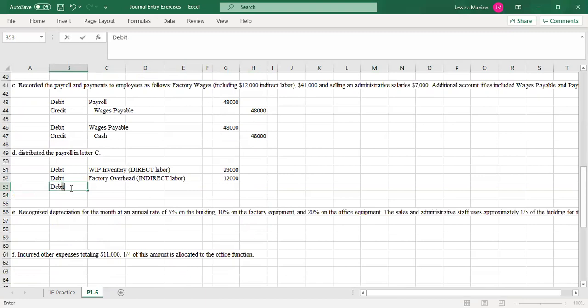So debit selling and administrative expenses for the 7,000 in admin salaries. All right.